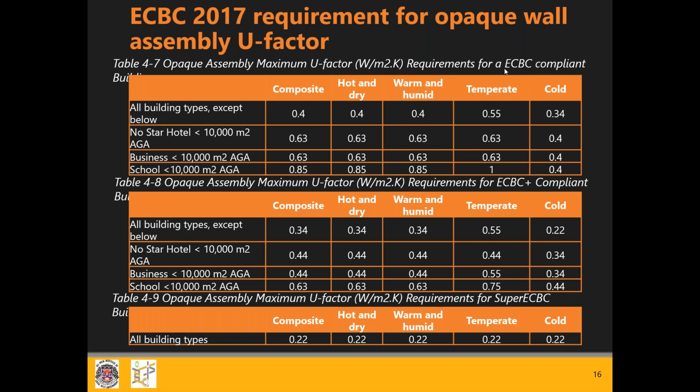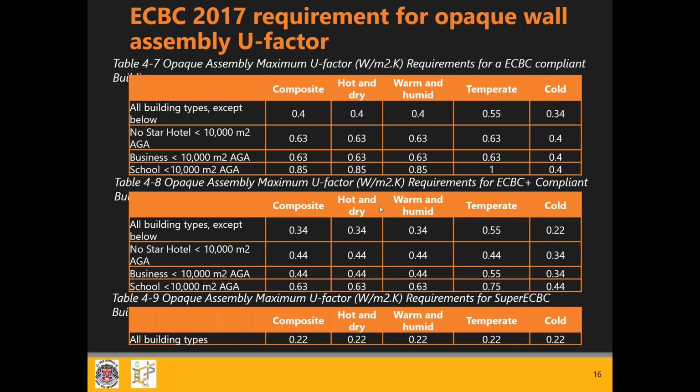Sir, can you explain the other units of U value? Because in eQUEST, we are using it in BTU. It is just the same thing. The conversion factor from watt per square meter Kelvin to BTU is a factor of 5.678.